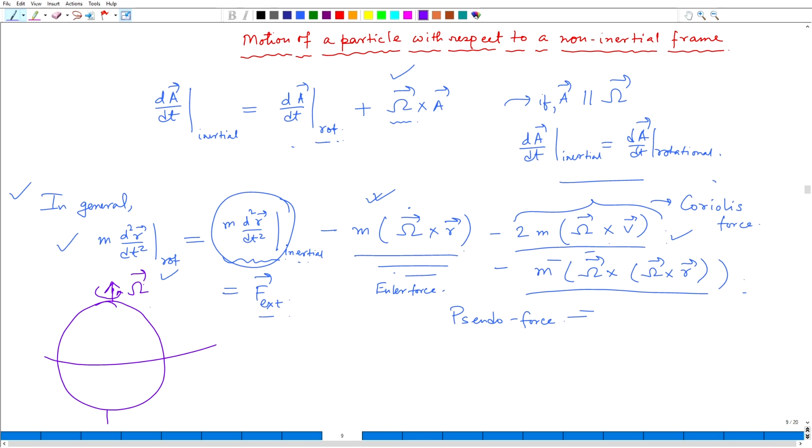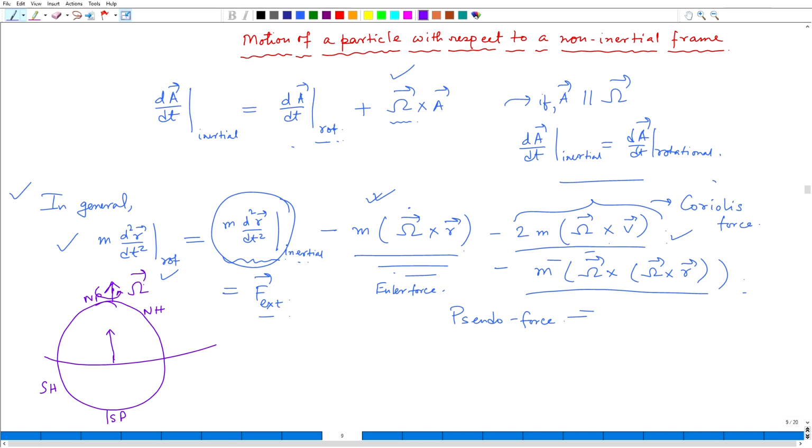Let us say this is the northern hemisphere, this is the southern hemisphere, and let us say air is moving very close to the surface, towards the north pole, right from the equator. So, this is the north pole and this is the south pole. Now, the point is: will the air be deflected?